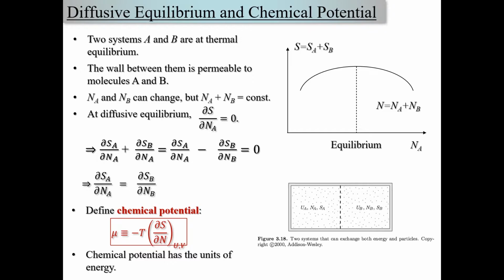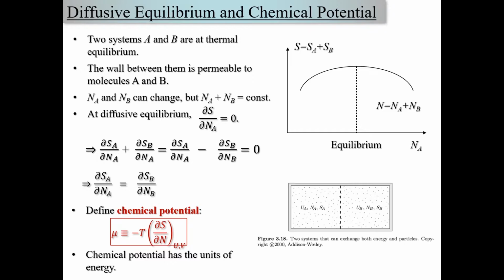So we're able to trade particles back and forth, but while we do it, we hold the total energy and the total volume of the two systems constant. The minus T is really just a convention to make mu work better with the other variables like temperature and entropy, as we will see when we talk about the thermodynamic potential.